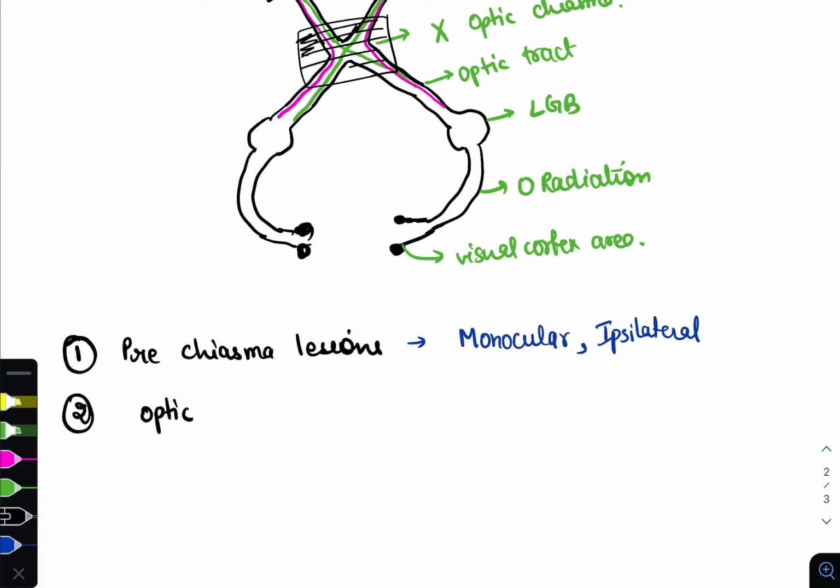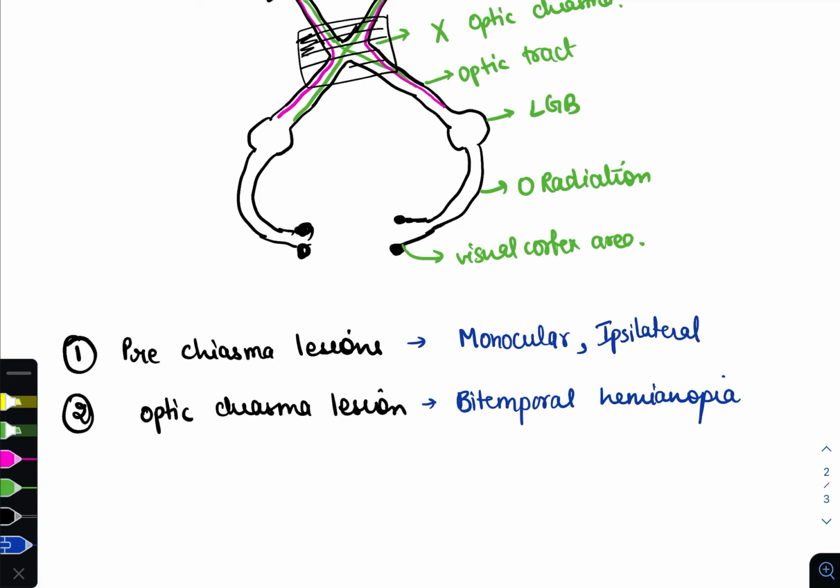When there are optic chiasma lesions, we see bitemporal hemianopia, meaning on both sides we can't see. So in optic chiasma lesions we see bitemporal hemianopia.